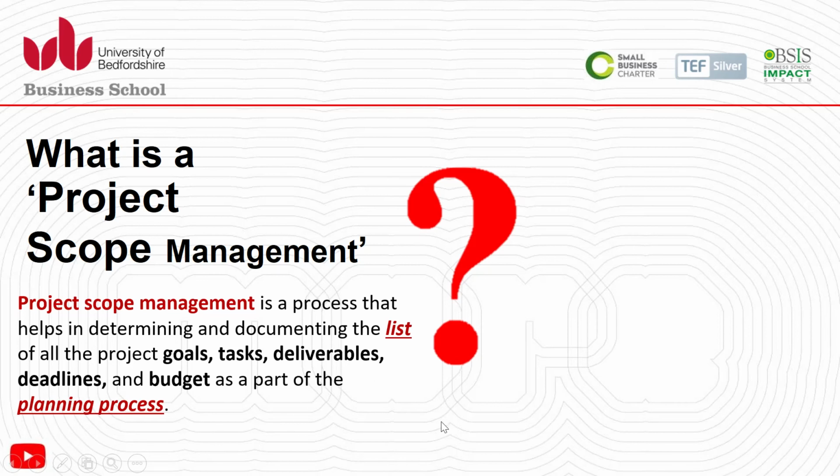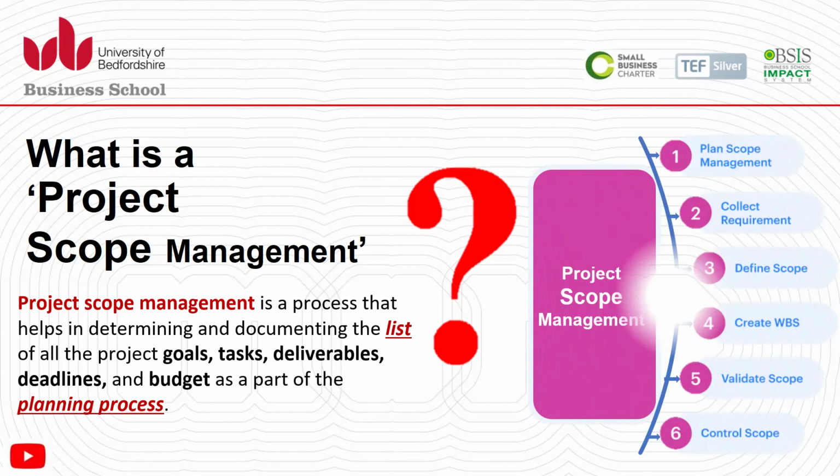That shows that project scope management is basically to plan the scope, and collect the necessary requirements for the project. That is quite important for the planning phase. Defining scope means exactly what the set objectives to be achieved are.